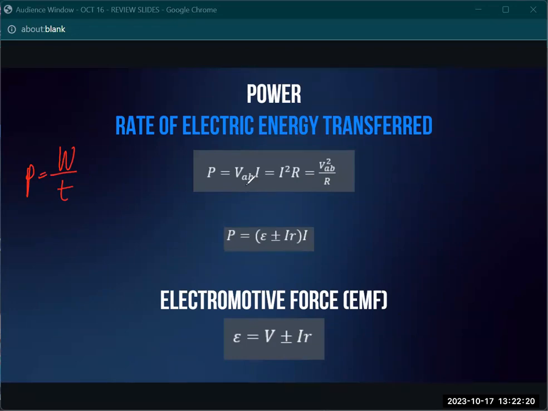In this context, alam natin na the voltage is the potential energy over the charge.